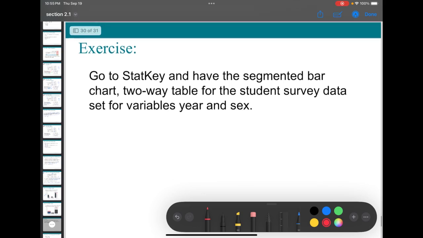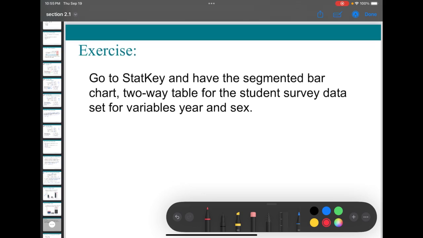So this is an exercise for you guys. Just go to StatKey and try to draw a segmented bar chart, okay, based on student survey data. Just try this. You have to try this. Variables year and sex.